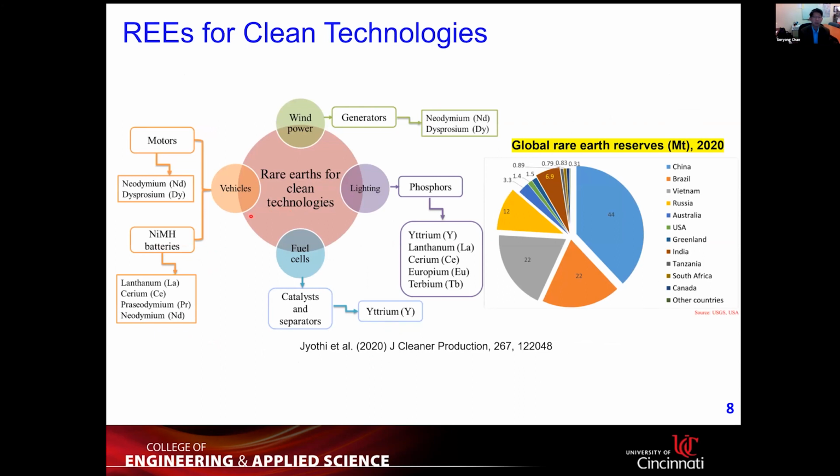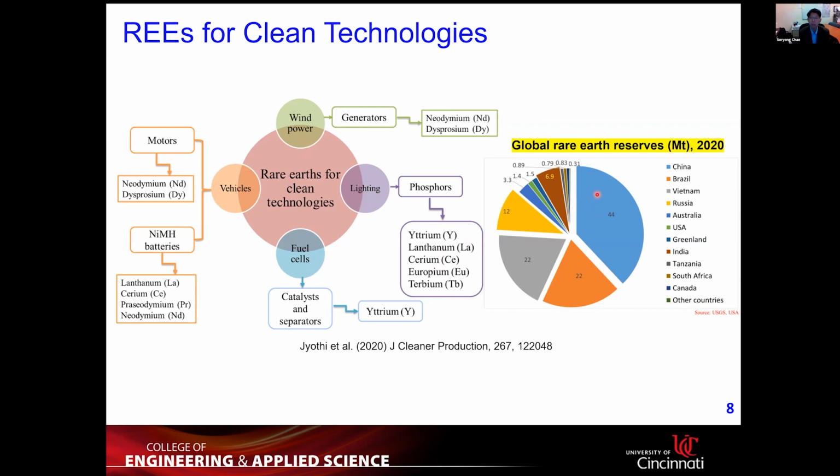Electric vehicles and other novel transportation vehicles use a lot of batteries and a lot of rare earth elements. And when we produce renewable energies like wind power and solar, and even different types of fuel cells, we still need a lot of rare earth elements.